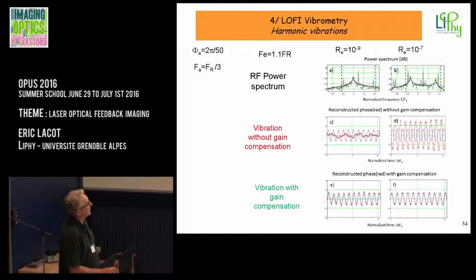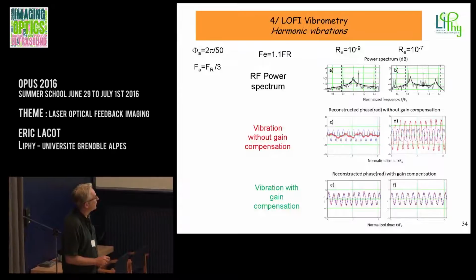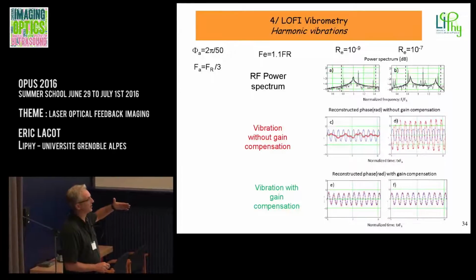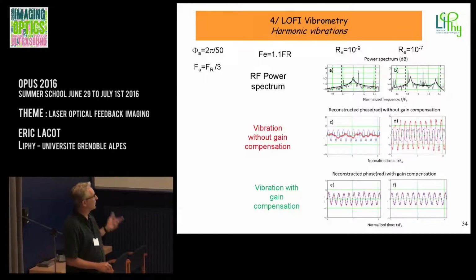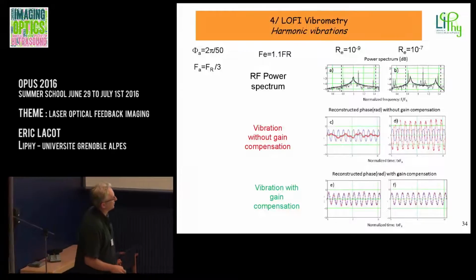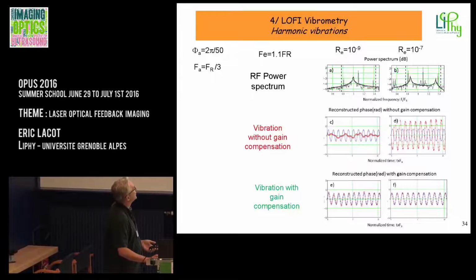If we don't take into account the gain compensation, this is the exact vibration in blue, and in red the vibration extracted from our LOFI signal without gain compensation. In both cases, as we can see, there is an error. Now, if we take into account the gain compensation, we are able to restore, with our LOFI vibrometer and our signal processing, the good vibration amplitude.